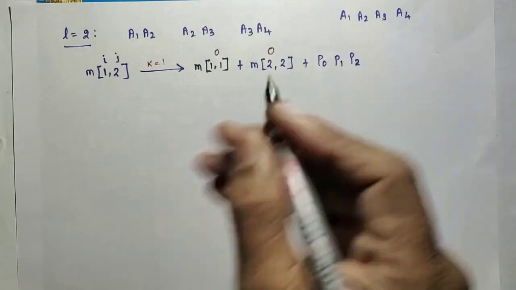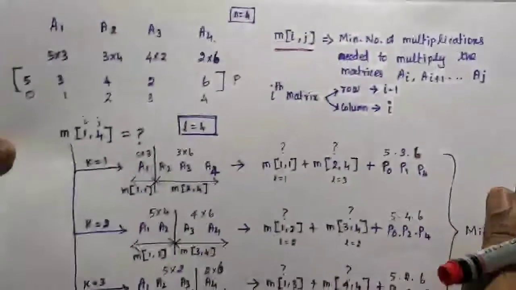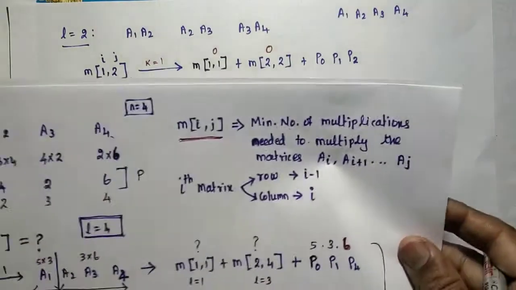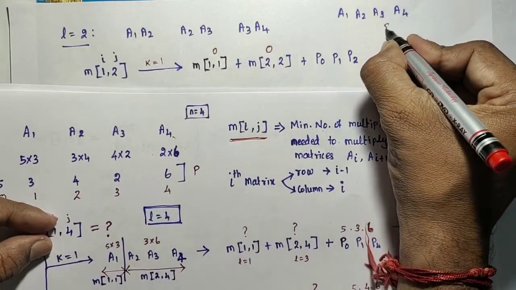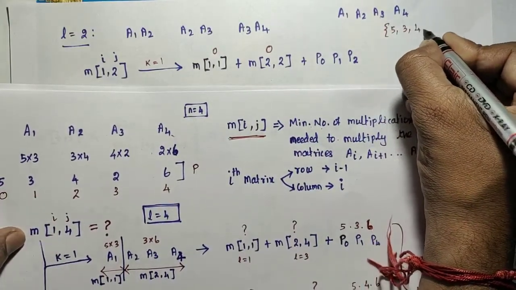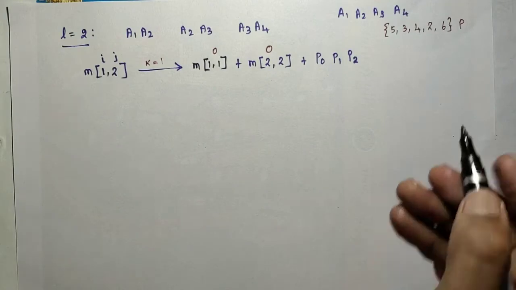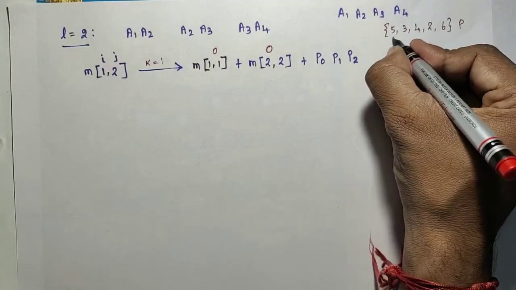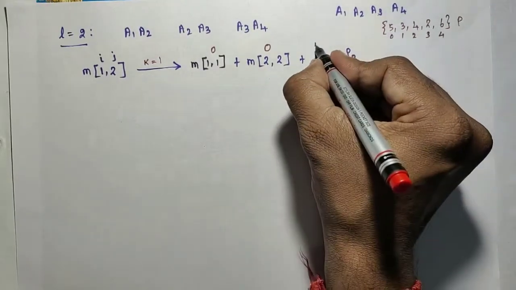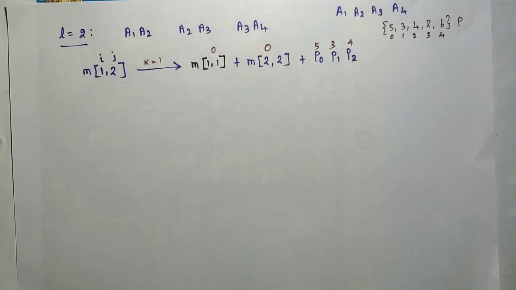Here the p0, p1, p2 values we have to take from the input. So just copy that: 5, 3, 4, 2, 6. These are the p values, indexed 0 to 4. p0 is 5, p1 is 3 and p2 is 4.